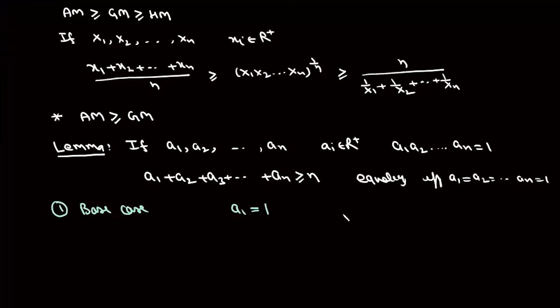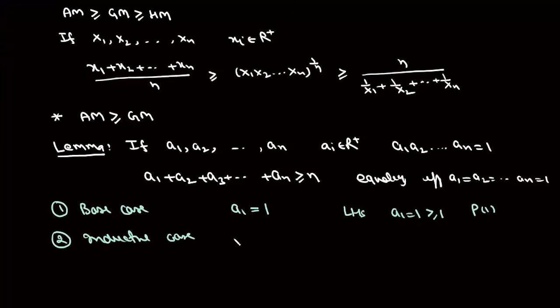Now this LHS, it is a1 which is 1 and it is always greater than or equal to 1. So that means P1 is true. Now we'll take our inductive case.